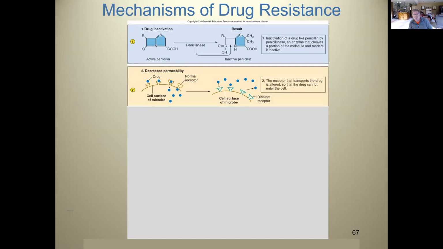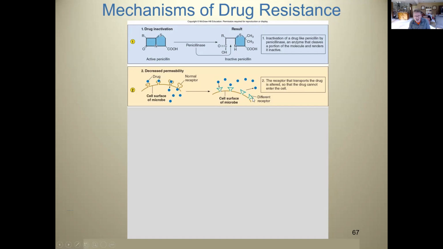Well, what some bacterial populations have evolved is the means to alter the receptor on the surface of the cell. Now, can these same drugs get in? The answer, of course, is no. Why not? Because they don't fit into the receptor site. We've altered it.